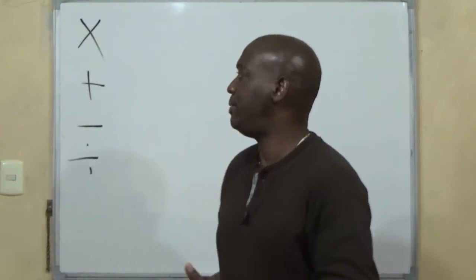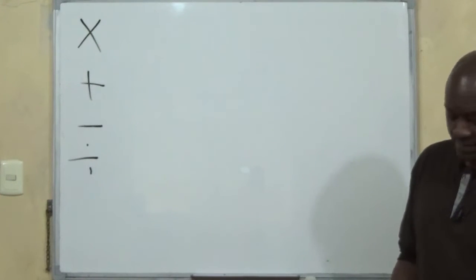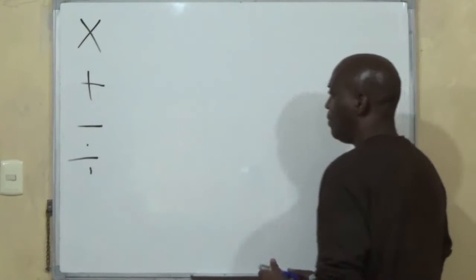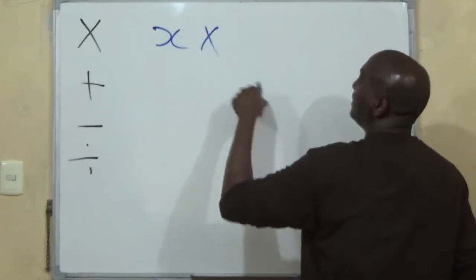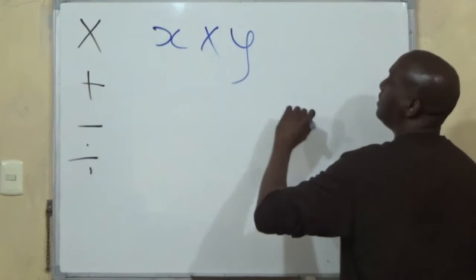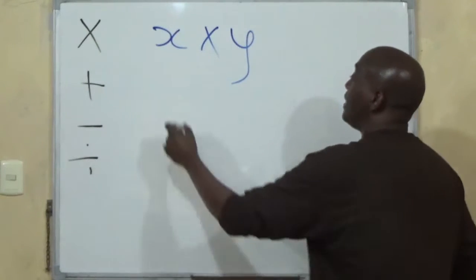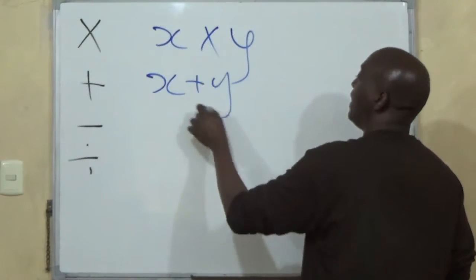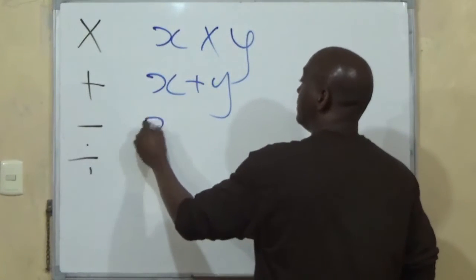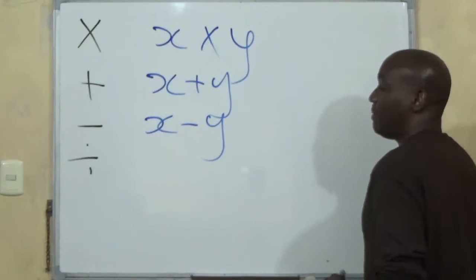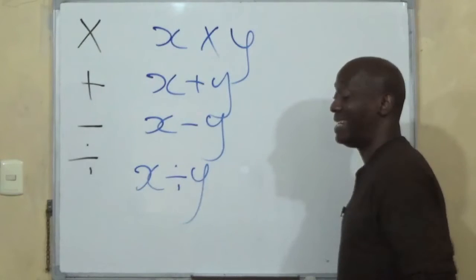So for example, if we see this multiplication sign, with an x, a curly x, with a multiplication sign and then a y, we know that means x multiplied by y. If we have x plus y, we know that means we add. X take away y, we're subtracting, and of course we have x divided by y, that is division.